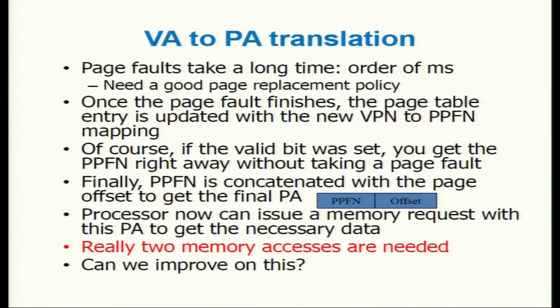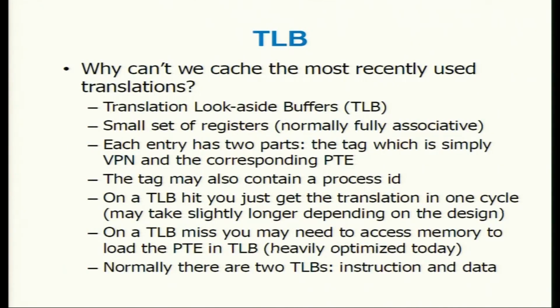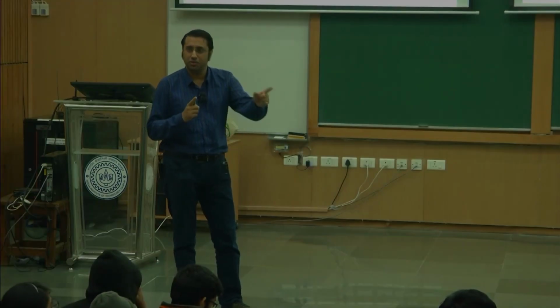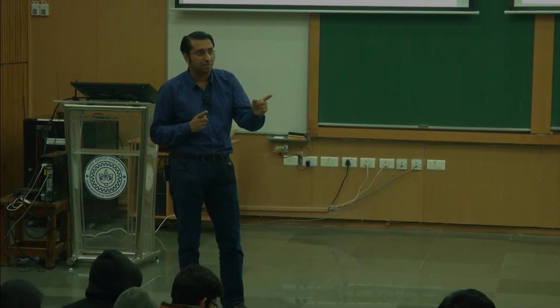So to avoid this, there is something called a TLB, the translation lookaside buffer, which sits inside the processor. And the job of it is to hold the recently used page table entries. And here also again your locality principle applies. You are essentially saying that if I am accessing this particular page table entry now, it's highly likely that in the near future I'll be accessing the same page table entry.